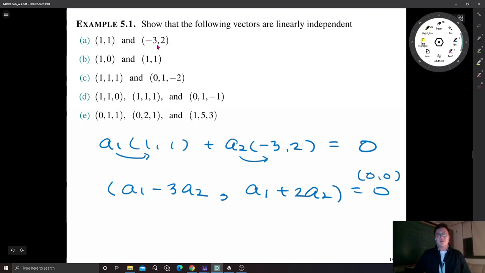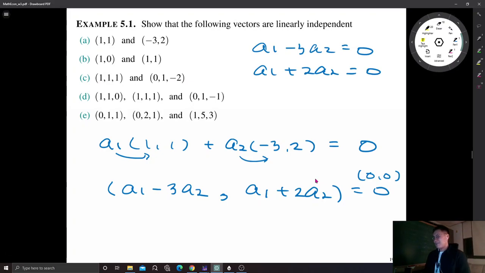So we have two zeros on the right-hand side. Now we come up with two linear equations, a sub 1 minus 3a sub 2 equal to 0, and a sub 1 plus 2a sub 2 equal to 0.